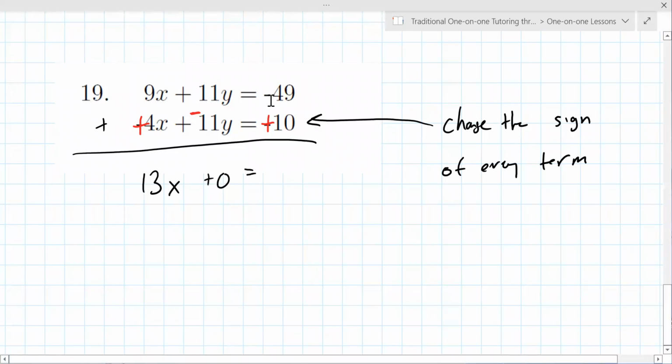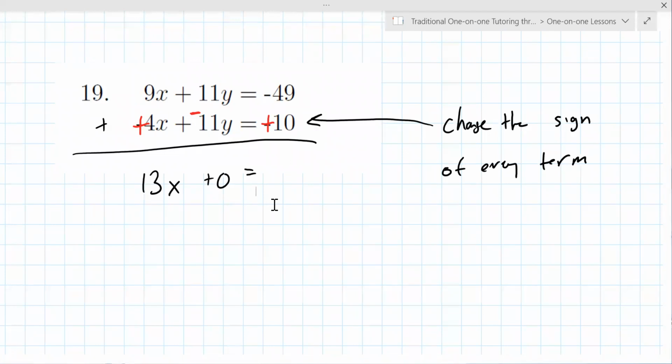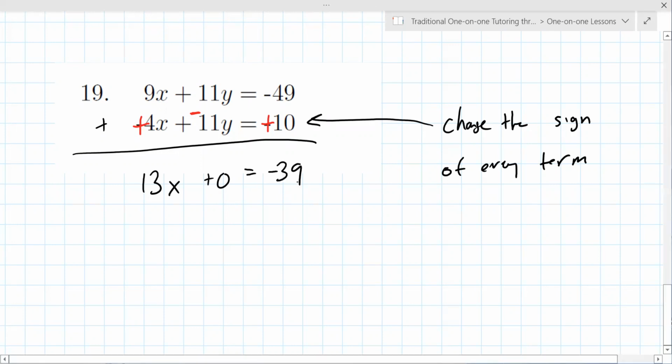How about minus 49 plus 10? Negative 39. Very good. Now, can you solve for x for me, please?